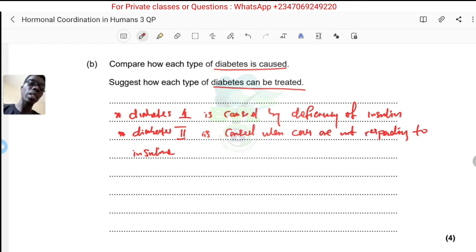So we've talked about how they are caused. Now we want to talk about the treatment. Diabetes type 1 is treated by insulin injection.